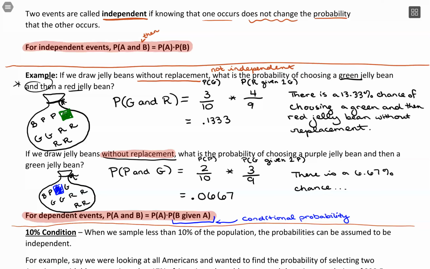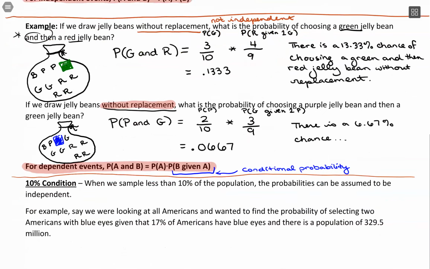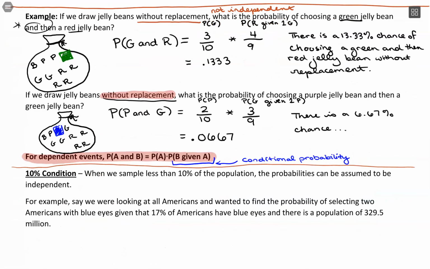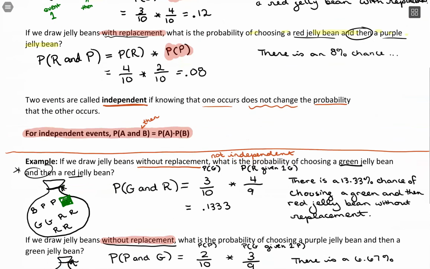One last little piece that I want to end with here is the 10% condition. This helps with using independence, because really our rule with independence is nice because you just use the probabilities. You don't have to think step by step. Like I was saying, you would just have your initial probabilities and then just use those values for multiplication.